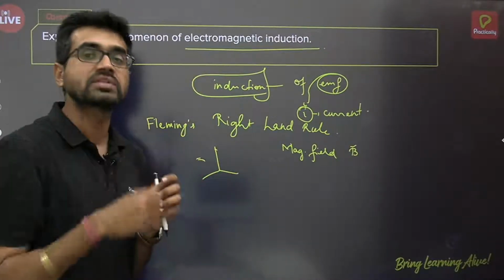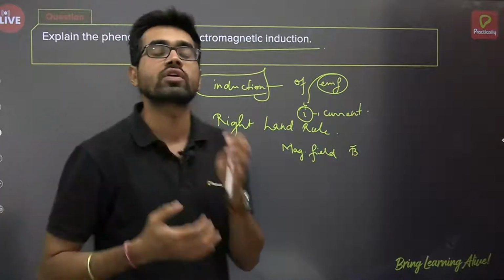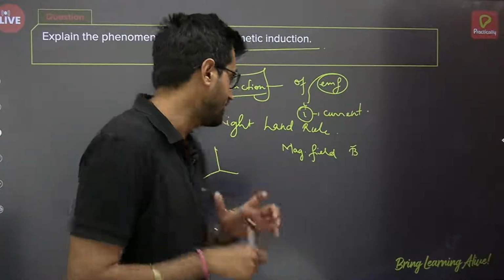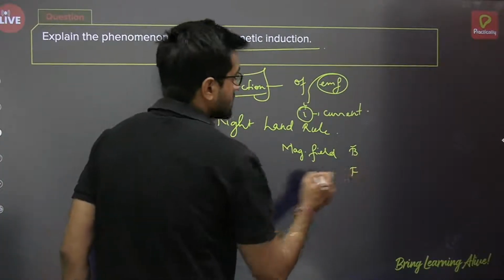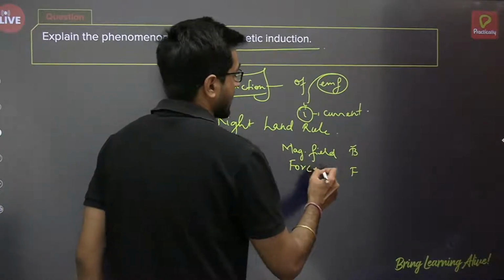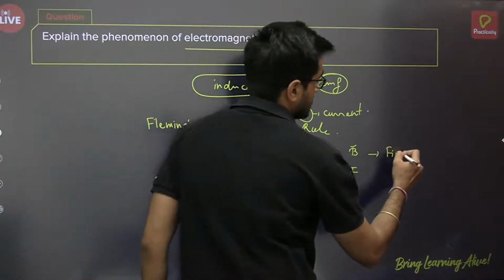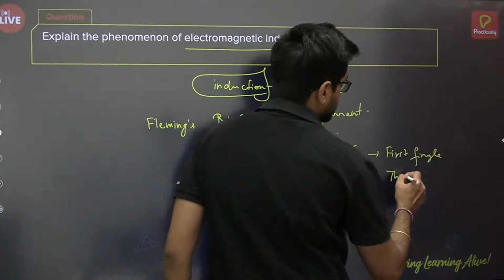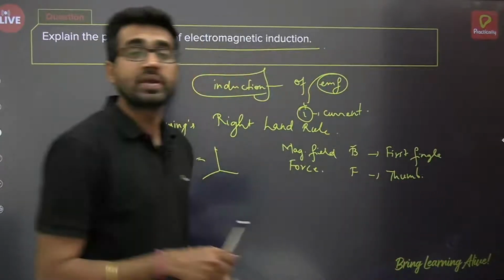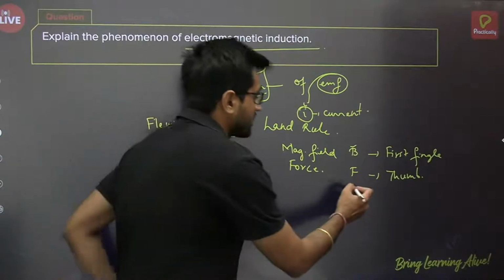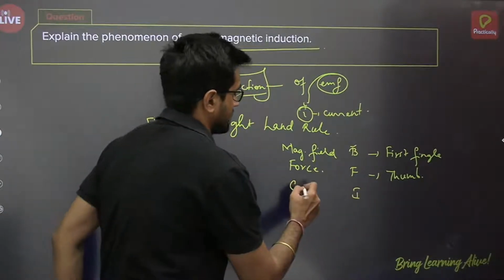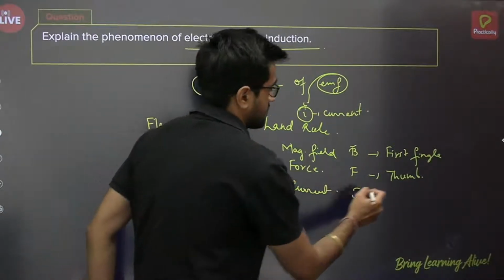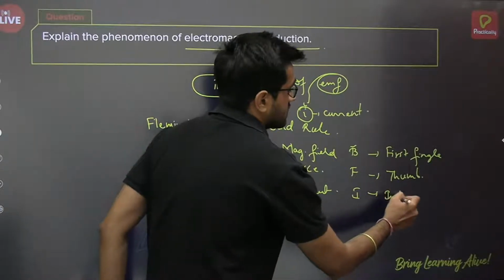The thumb represents the force, or the direction of motion of the coil, whichever way you want to name it. So force is represented by the thumb. Then the middle finger gives you the direction of the induced current.